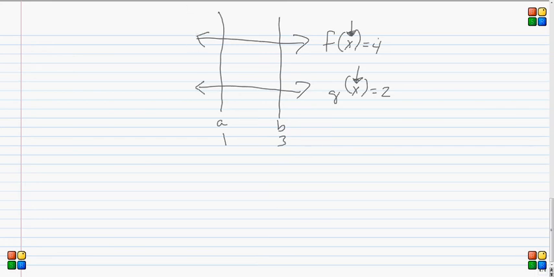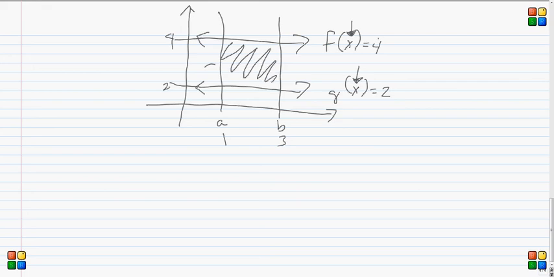Now we're going to get our little line segments like we know. This is at 2, and that's over here at 4. So what we want to know is what this area is right here. We already know that these two functions fit within our criteria, f of x and g of x. They're both continuous. f of x is always greater than g of x within this region.